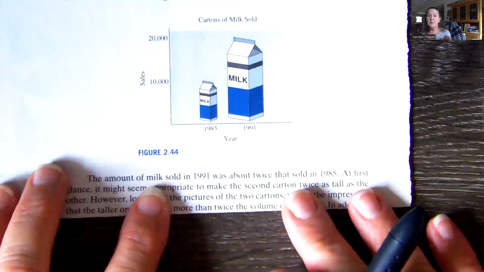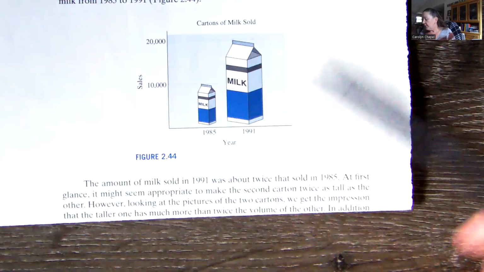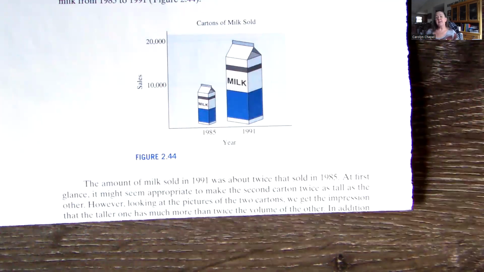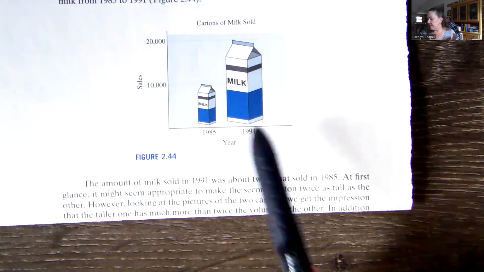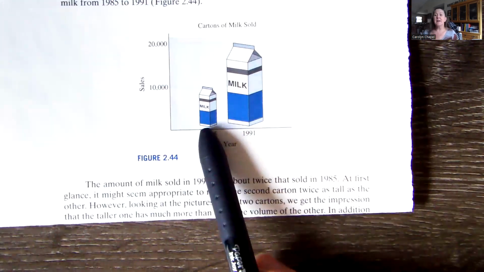Okay, just a few more graphs. Here is one when they use pictures. Notice that this one is 10,000, this one is 20,000, but that difference in the number of cartons sold is overemphasized because this carton of milk is actually four times the size.